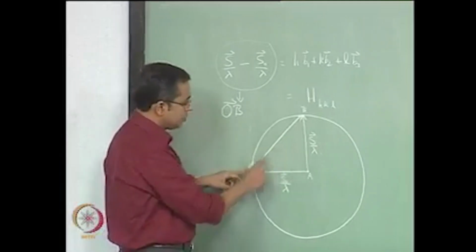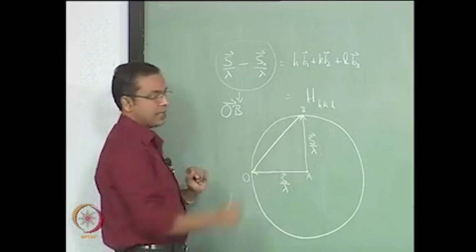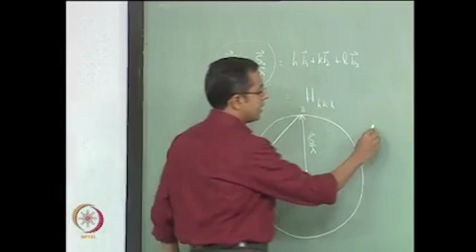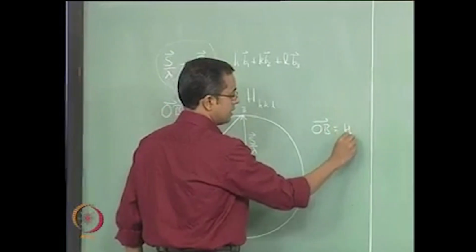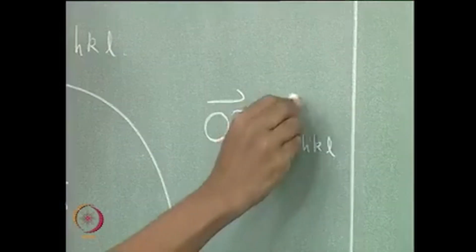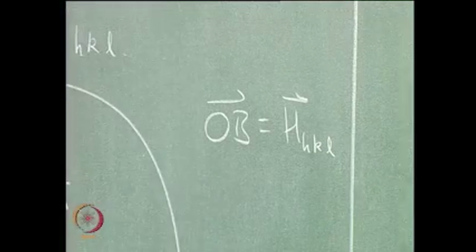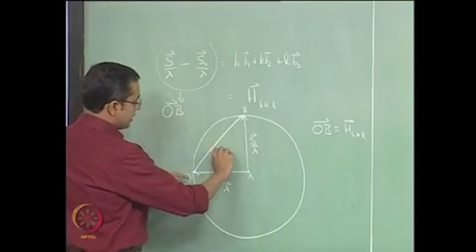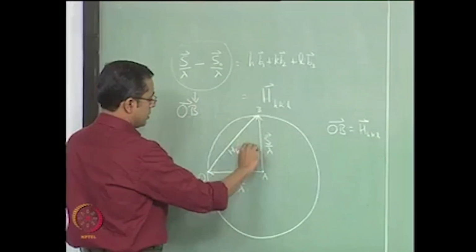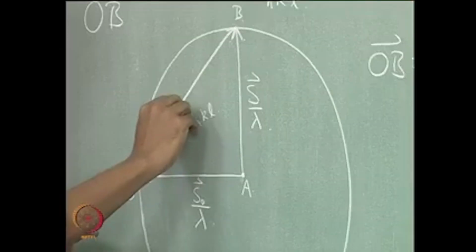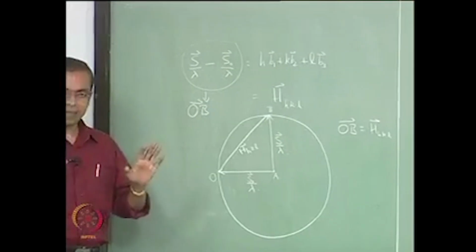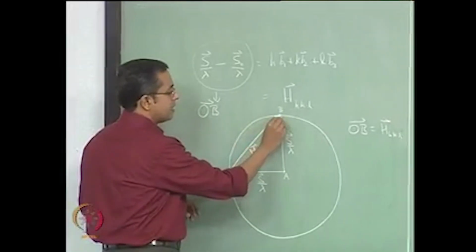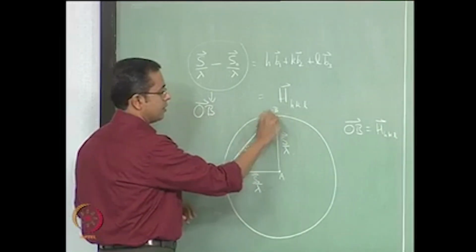That difference is this vector OB. Therefore diffraction occurs when OB equals HHKL. In other words, this has to be a HHKL vector. What does that mean? That means there is a valid reciprocal lattice point at this point.